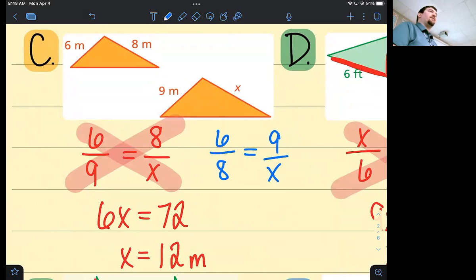Two completely different ratios, except the x and the 6 are still diagonal from each other, aren't they? The 9 and the 8 are still diagonal. So I can set up my proportion different ways. As long as I'm doing it consistently, I'm still going to get the same answer everybody else gets.